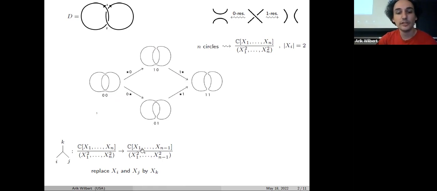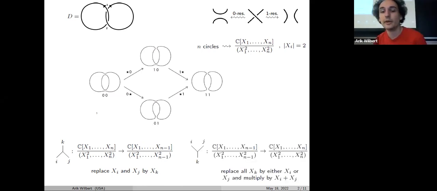And the rule here is to replace every xi and xj by xk. So you just look at, let's say, a monomial in here, and you replace every xi and xj by xk, and then you view this as an element in here, and you get the result that you want.